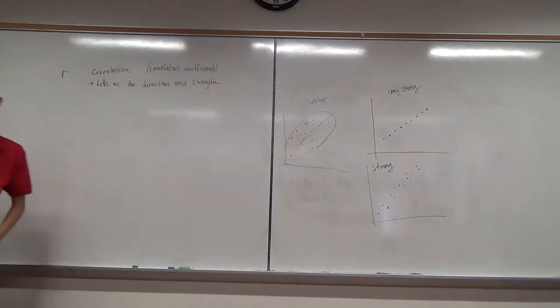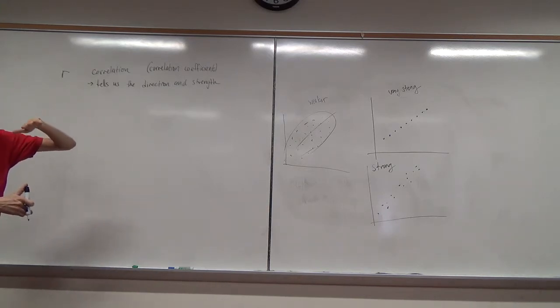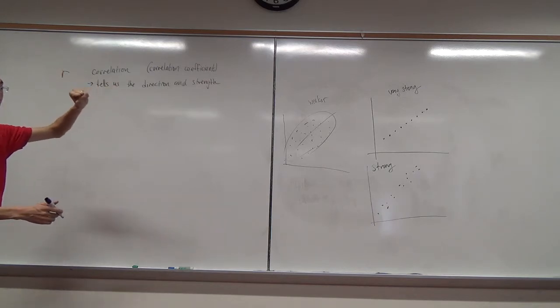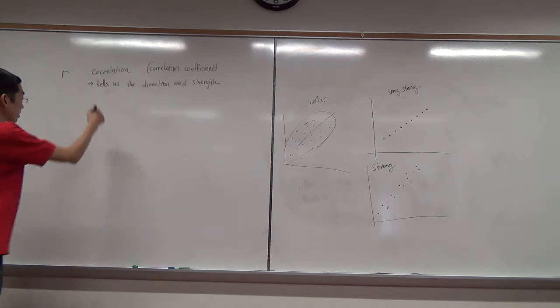Okay, what does it not tell us? The shape. When describing a relationship, we need to know the shape, the direction, and the strength. R does not tell us the shape. Again, right now, the only way for us to check shape is to create a scatter plot.